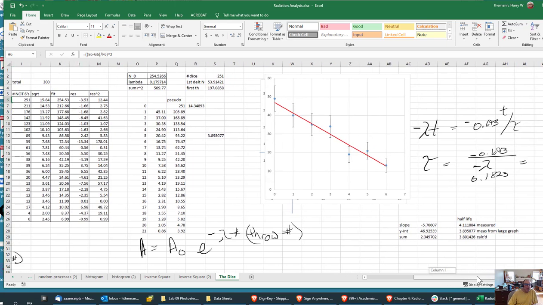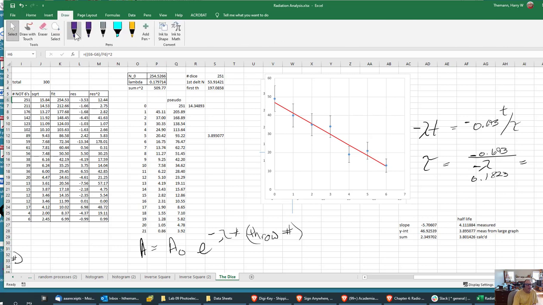And then the clever part was that I said, okay, once I have the slope and the y-intercept, how do I figure out the value on the x-axis at the halfway point? Instead of looking with my eyeball, I'm going to do it by math, right? So I'm basically saying that I have y equals mx plus b. What I want to know is the value of x when y is equal to 1/2.